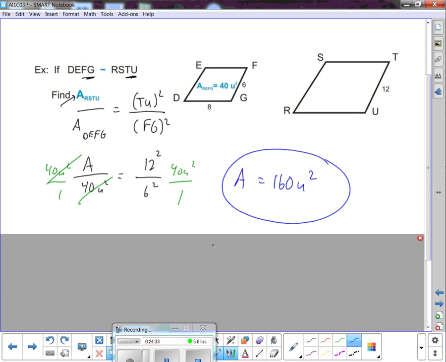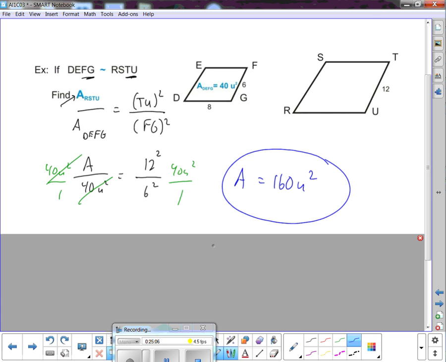160 units squared. Okay? Does that make sense? Questions on that? Adriana? Okay, so did you punch in 12 squared times 40 divided by 6 squared? 12 squared times 40 divided by 6 squared.